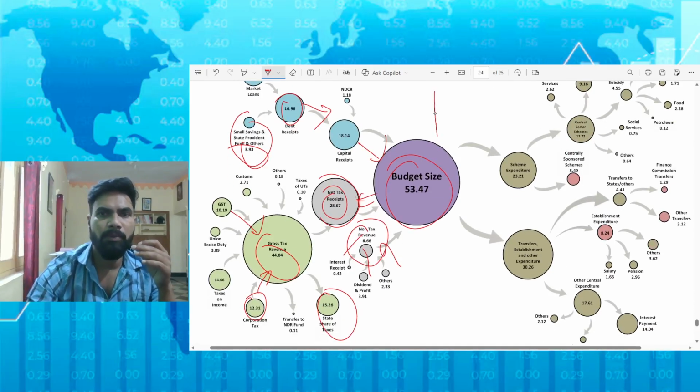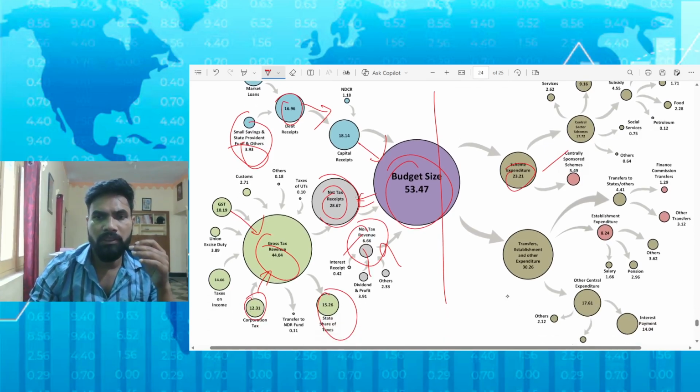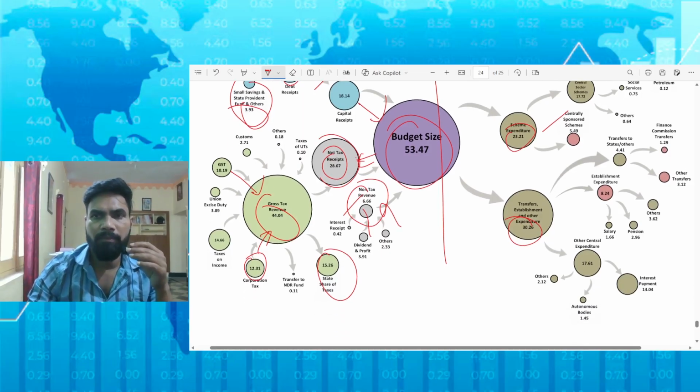This is the receipts part, and if you see the expenditure, scheme expenditure of 23 lakh crore is going on. Then transfers, establishment and other expenditure is 30 lakh crore rupees. In that, other capital expenditure is 17 lakh crore rupees. Major part of that is going towards interest payment.